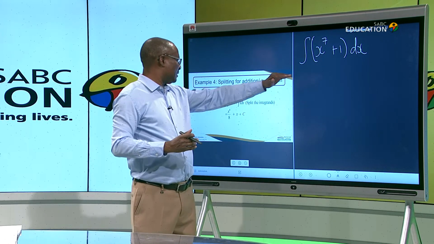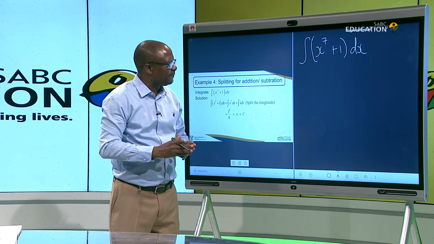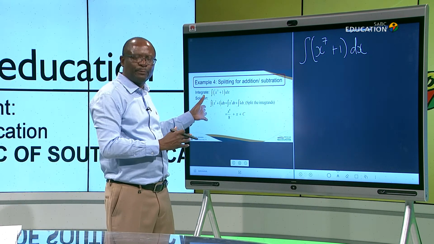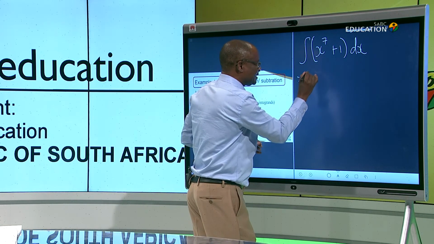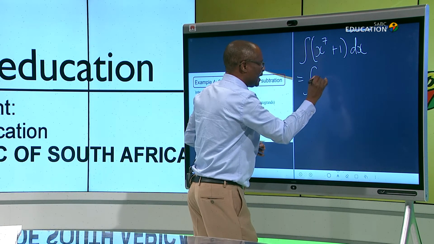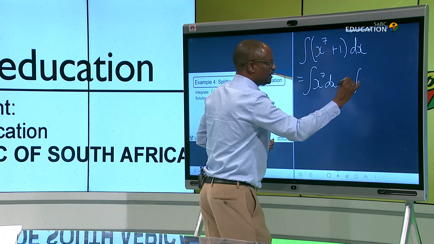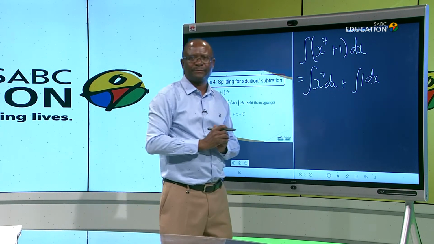Okay, let's look there. Our integrand is x to the power of 7 plus 1. From that polynomial rule, we said we can split this. We can say this is the integral of x to the power of 7 dx plus the integration of 1 dx.